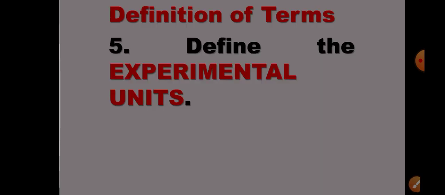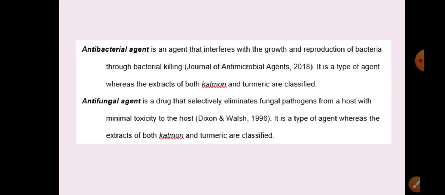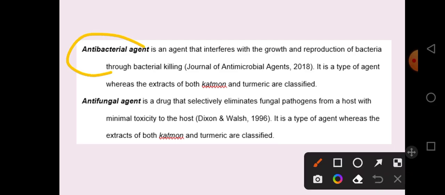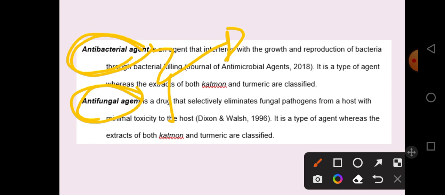Next. Okay, so we have here this example. So we have antibacterial agent and antifungal agent. Okay, so antibacterial agent and antifungal agent are actually crucial terms that define our independent variable.